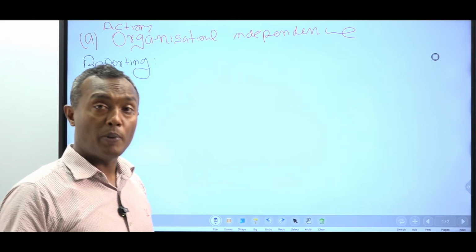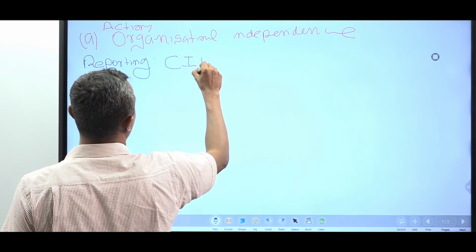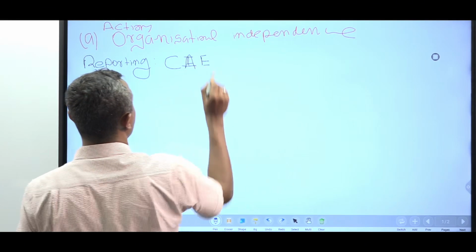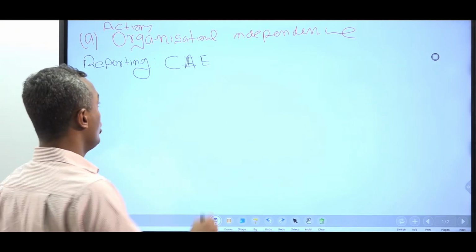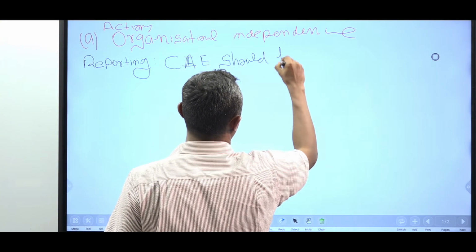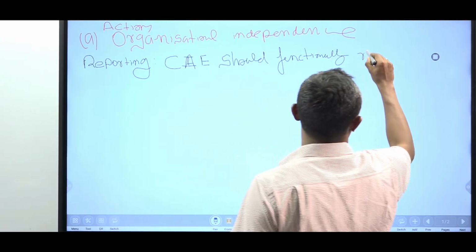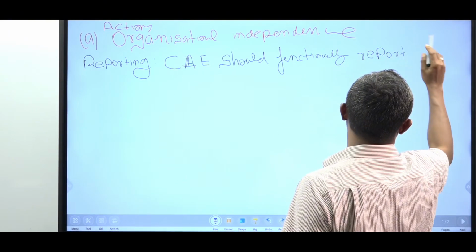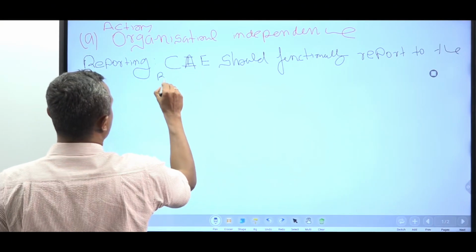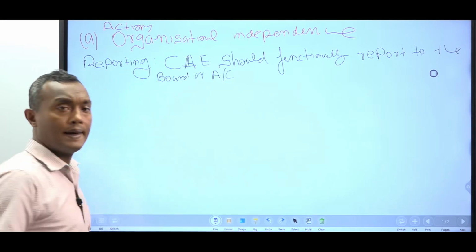To ensure independence, the Chief Internal Audit Executive, CIE, this is the word that is generally used, Chief Audit Executive, CAE, should functionally report to the board or audit committee, right?